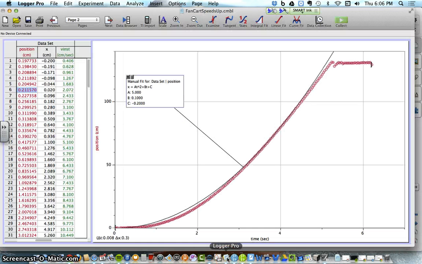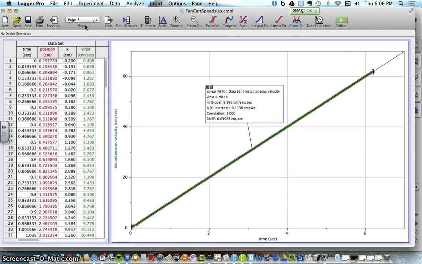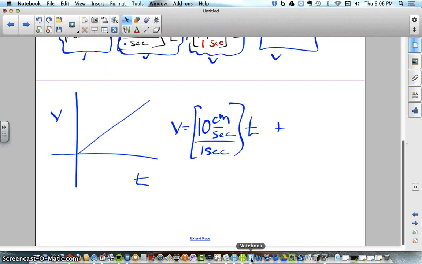Let me find it. So I'm talking about this graph here. Looks like it's 0.1 centimeters per second. Okay? So 0.1 centimeters per 1 second.